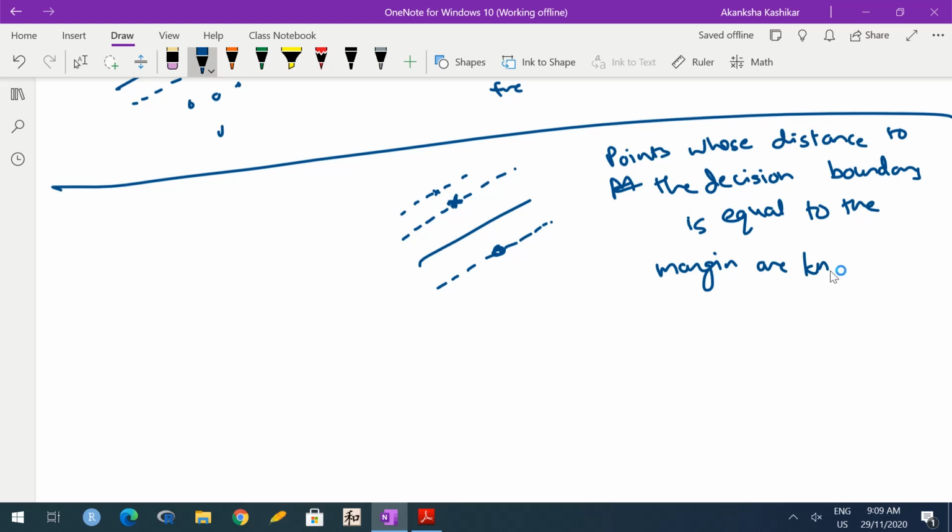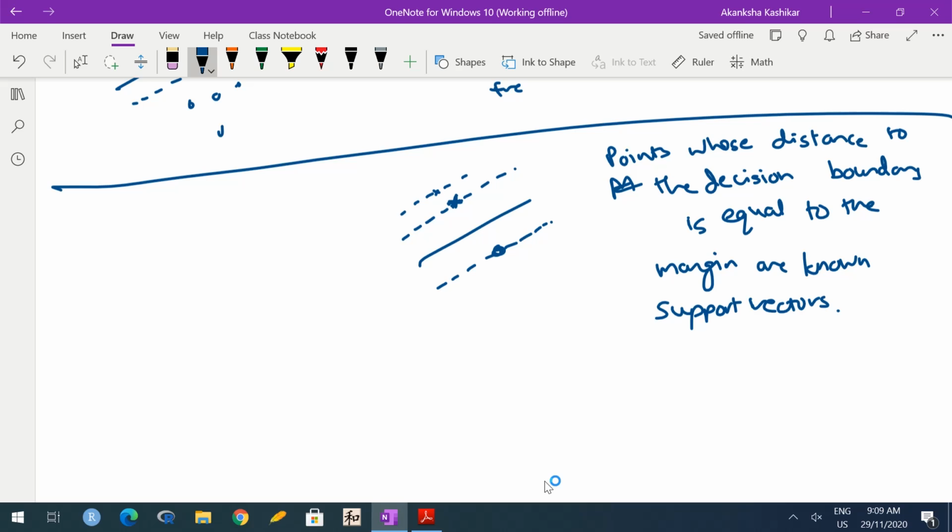In fact, that's why later we have the terminology support vector classifier, etc. They are called support vectors because they are kind of supporting that margin. And once the margin is created, the actual decision boundary is exactly halfway between both the margins. So once you know the margin, the decision boundary is clearly known.